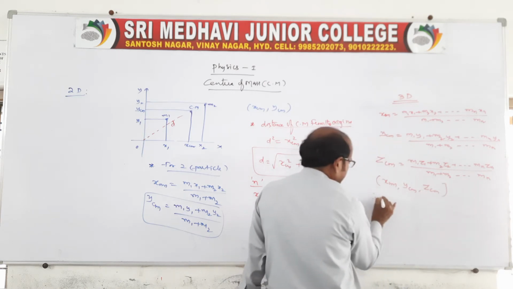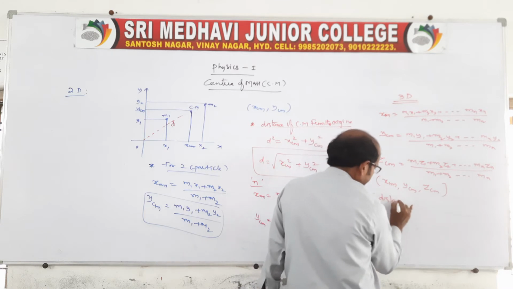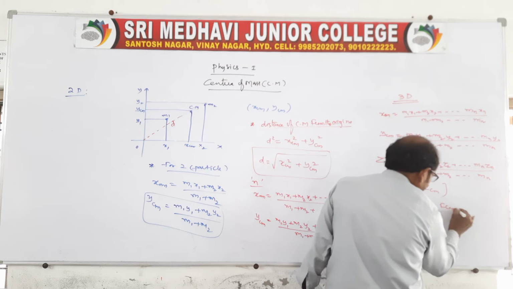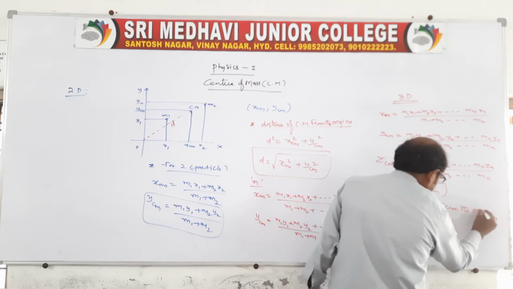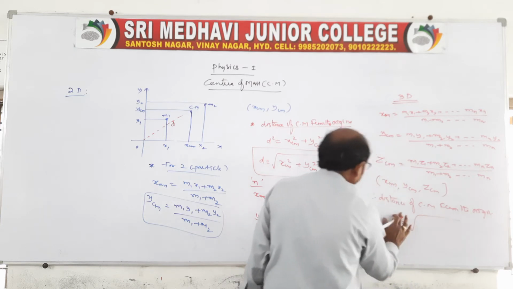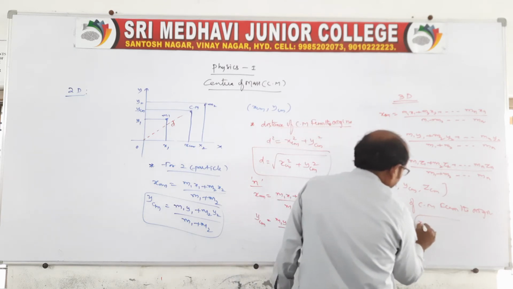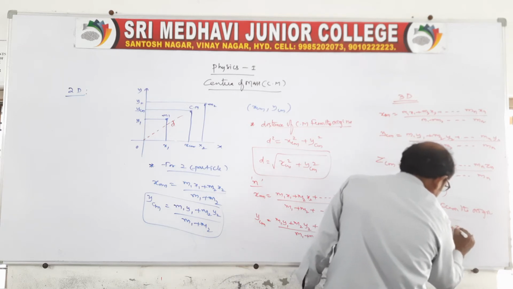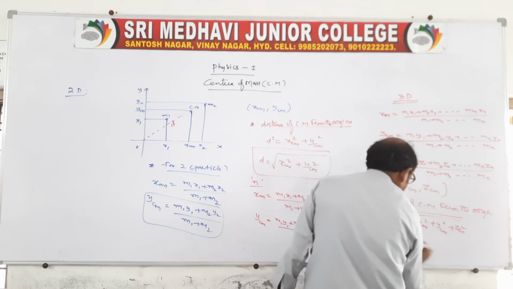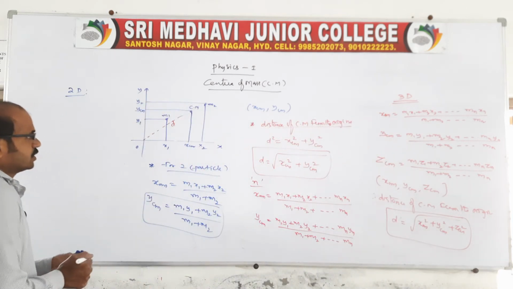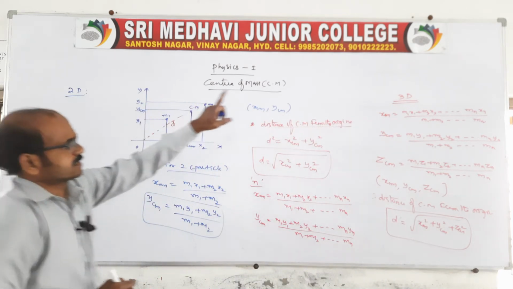Again, the distance of center of mass from the origin is asked. So d is equal to root over xcm square plus ycm square plus zcm square. This is the distance of center of mass from the origin. See, one is a two-dimensional plane and the other a three-dimensional plane.